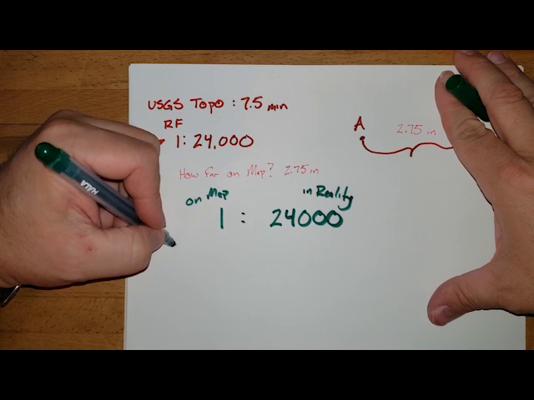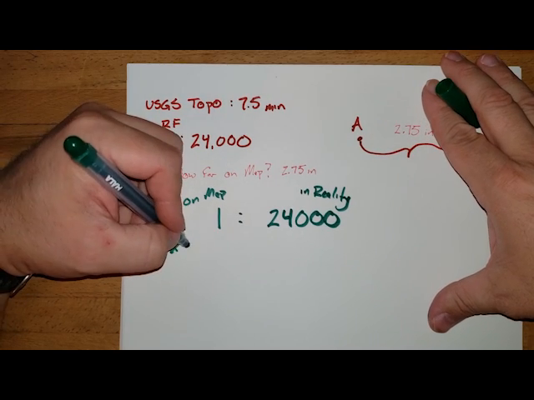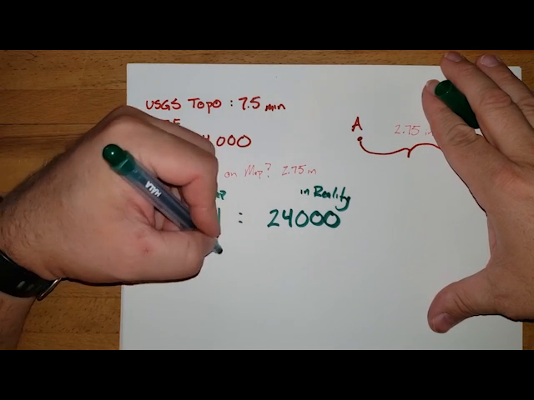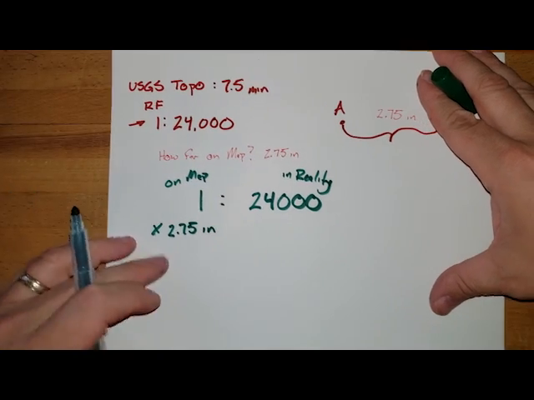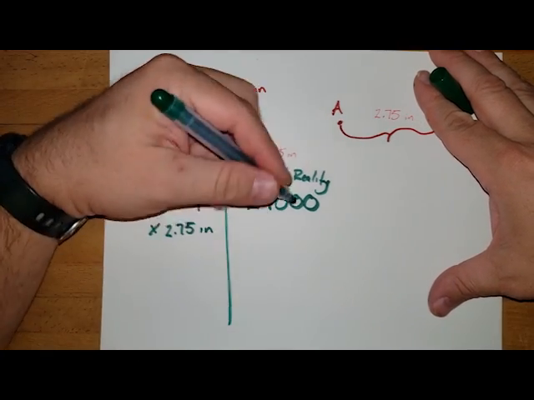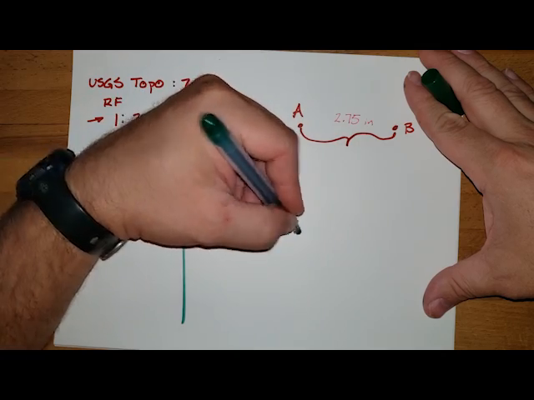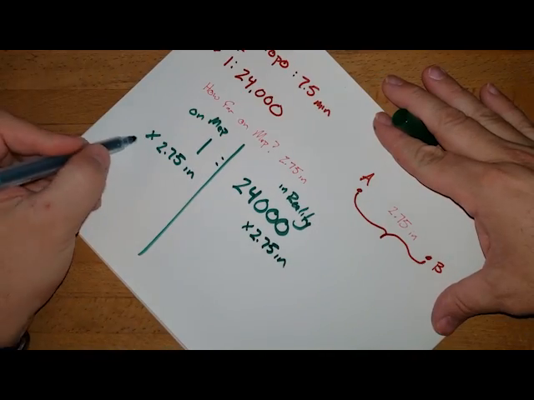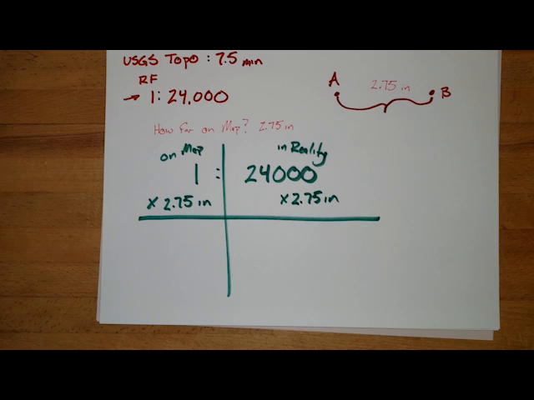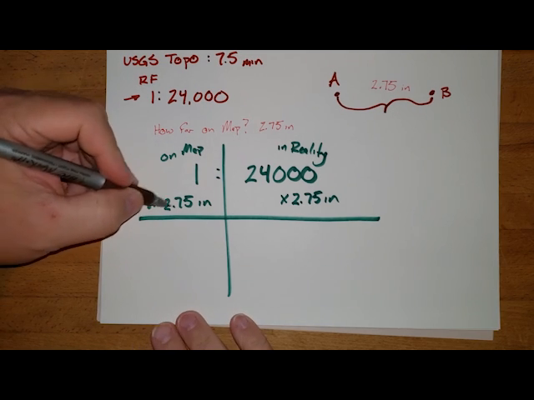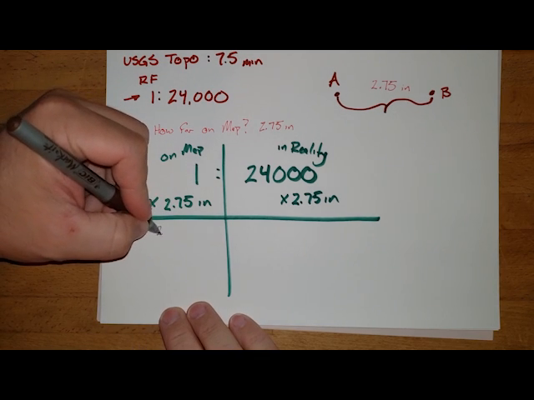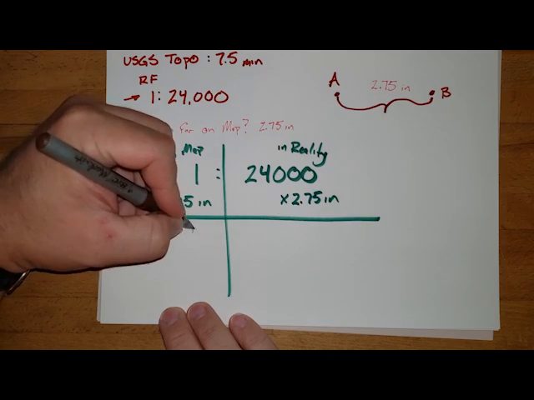I'm going to go times 2.75 inches. Okay. And if we're going to do it on that side, then we're going to do it on this side as well. Times 2.75 inches. Okay. So, not a total idiot. I can do this math. 1 times 2.75 is 2.75 inches.